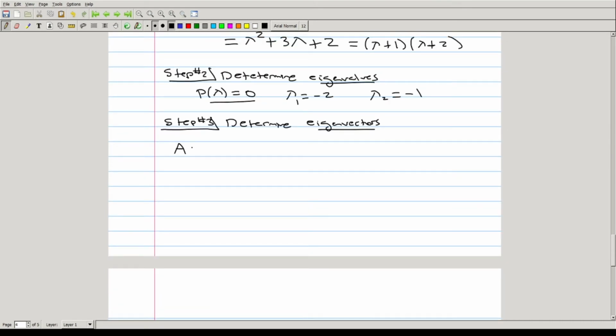So we have an eigenvector u for lambda 1, so we'll say this is Au is equal to lambda 1 times u, and we'll have an eigenvector v for lambda 2. So we have to solve the equation Av is equal to lambda 2 times v.